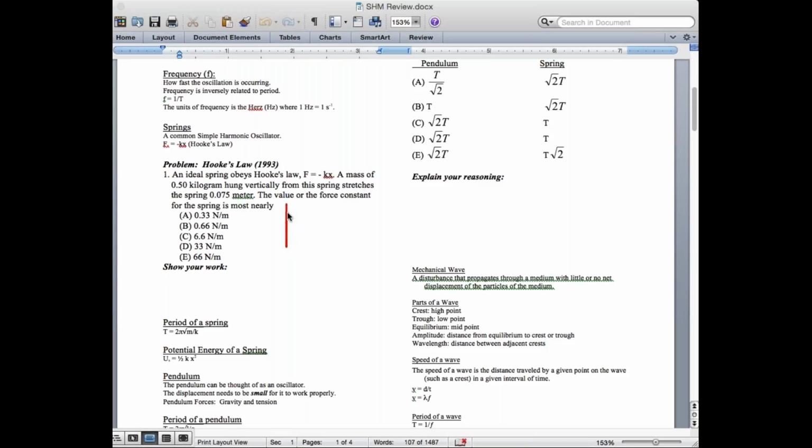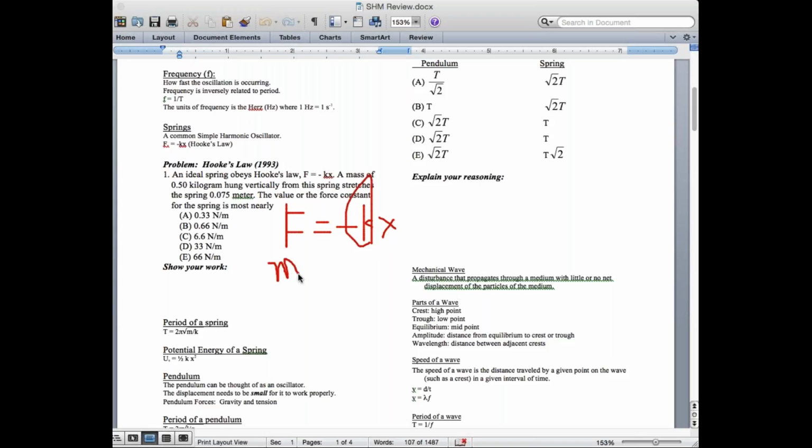So what does that mean? We're thinking F is equal to negative kx. Ultimately, we have to find the x component. We have x, how far it's moved from the original position, 0.075, but we don't have F. That's the mass times g, the weight.